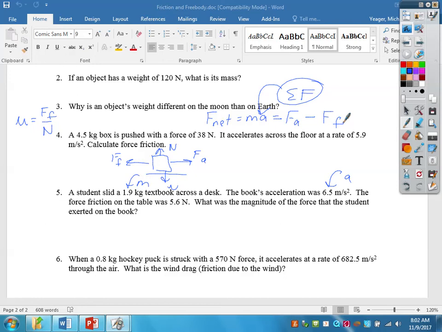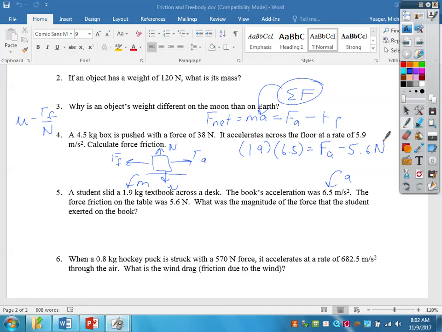I'm trying to do the old problem again, not 4.5, 1.9 times 6.5 equals, this time we're given friction. I'm trying to solve for the applied minus 5.6 newtons.